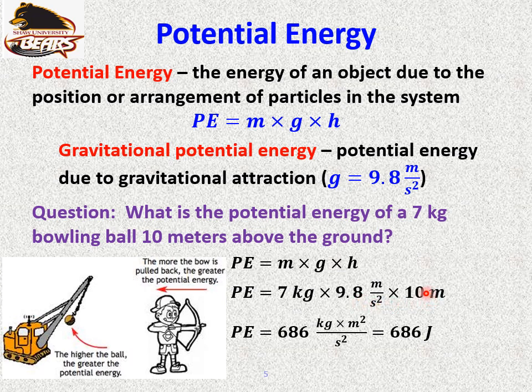So that's the potential at 10 meters, therefore 686 joules. Its dimension is kilogram meter squared per second squared, and instead of writing this down, you call that unit joules.